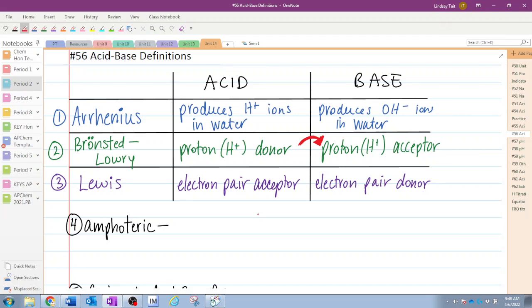So he's going to view acid and base behavior as transferring electrons. But now it's going to go in the opposite direction. The base is the electron pair donor. The acid is the electron pair acceptor. And there is a transfer of one to the other. The base donates its electron pair to the other, which means now, guess what? You don't even need to have hydrogens anymore.